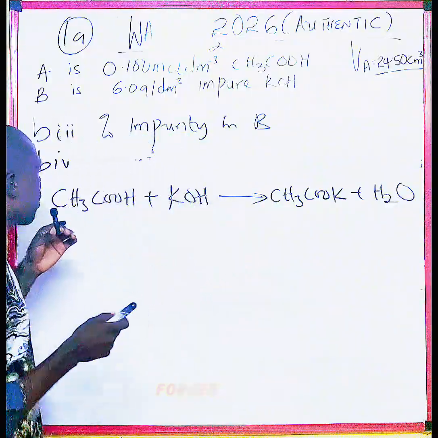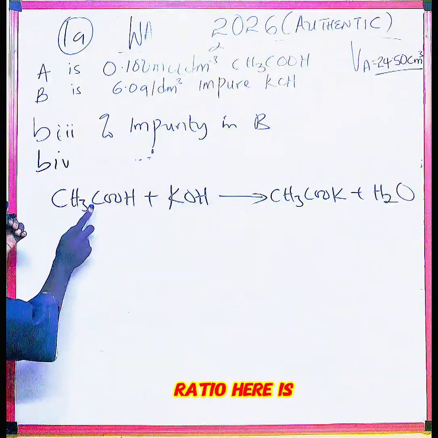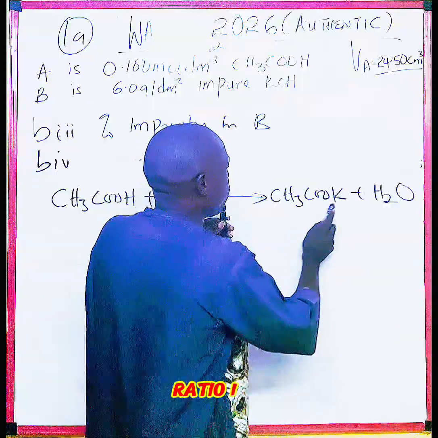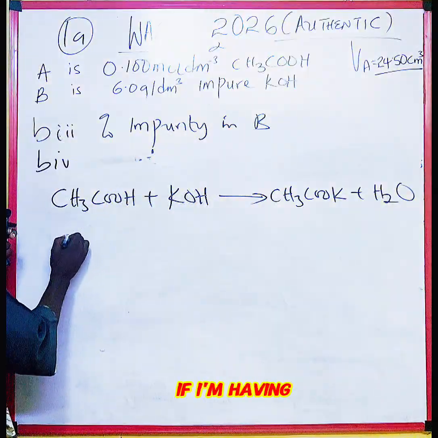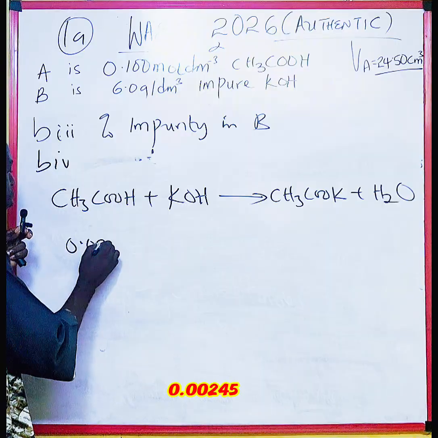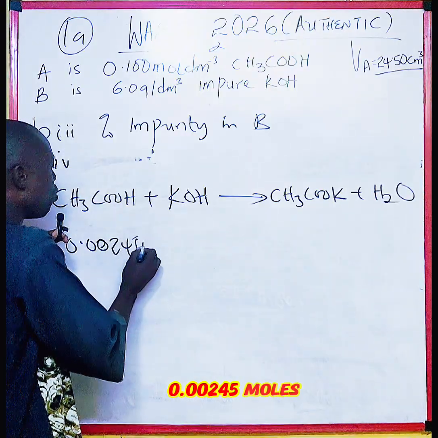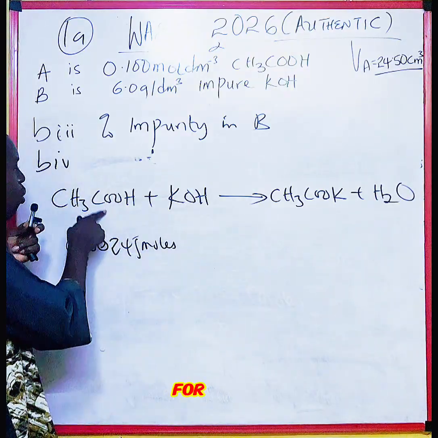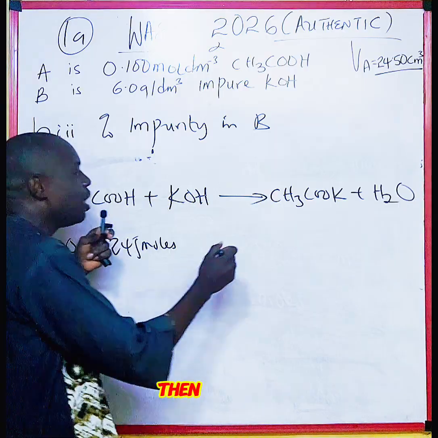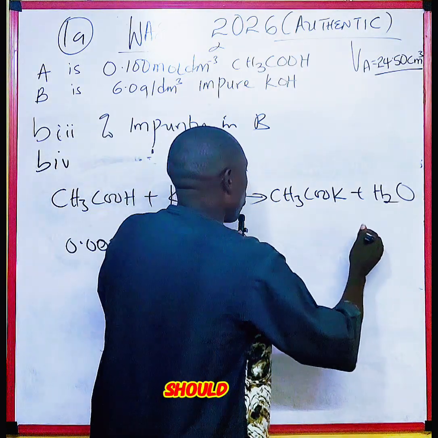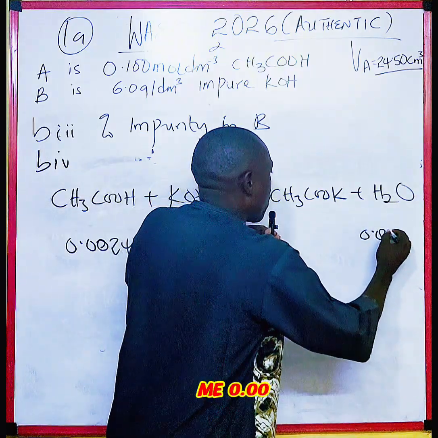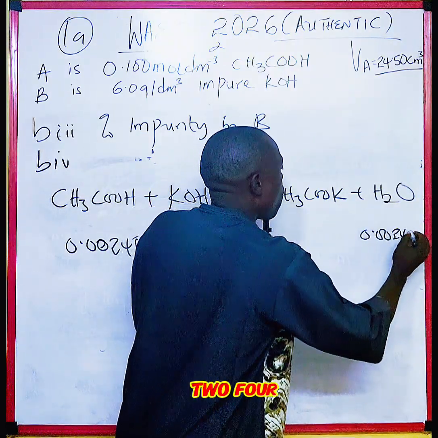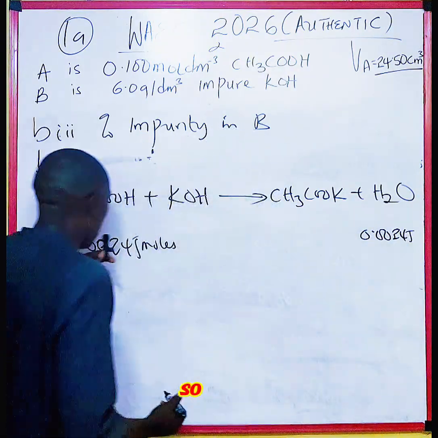Do not forget that the ratio here is 1:1:1:1. If I have 0.00245 moles for 1 mole of ethanoic acid, then the number of water molecules should also be 0.00245 moles.